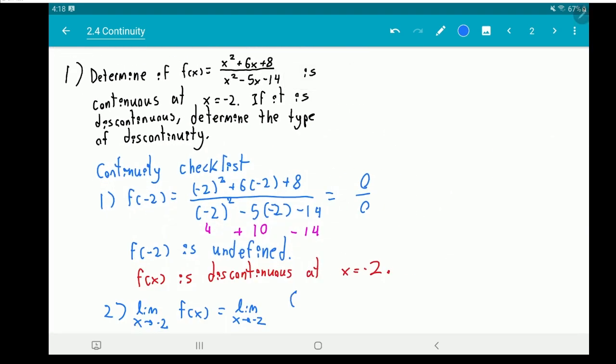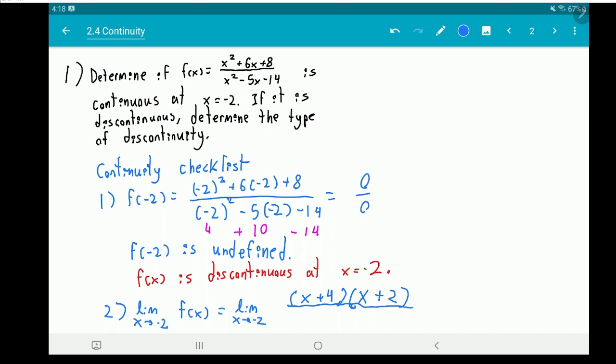So let's try factoring out. So x squared plus 6x plus 8. I need two numbers that multiply to be 8, add to be 6. So that's x plus 4 and x plus 2. On the bottom, fraction bar is giving me some issues.